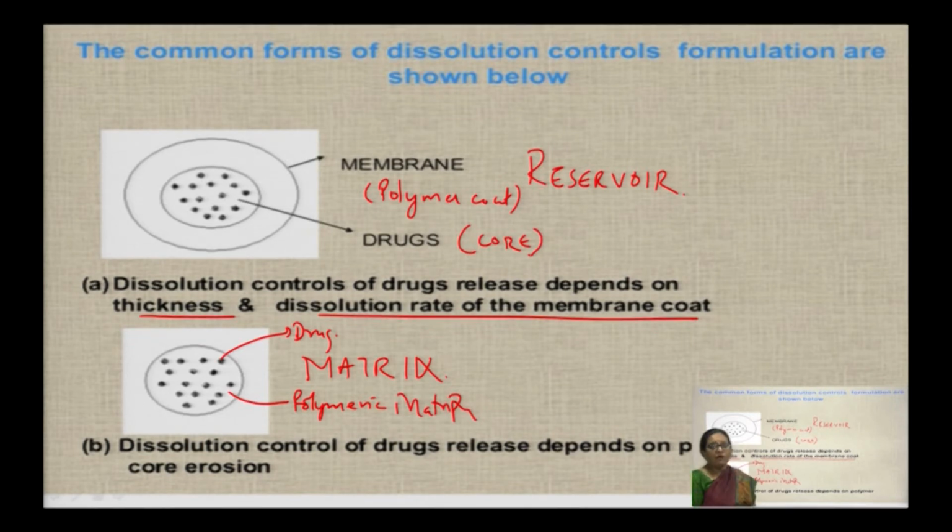Now, the rate of drug release in this case will depend upon the rate of erosion of the core, that is the rate at which this matrix will break down or the matrix will dissolve, that will be the rate controlling step.